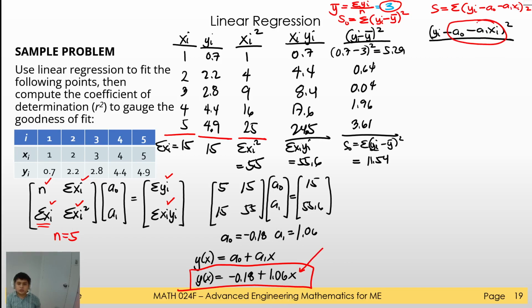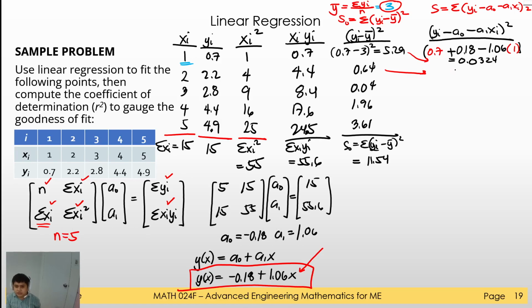So yi is just 0.7, and then minus negative 0.18, this will become plus 0.18, and then minus 1.06 times xi, and xi here is multiplied by 1. So this should be equal to 0.0324.